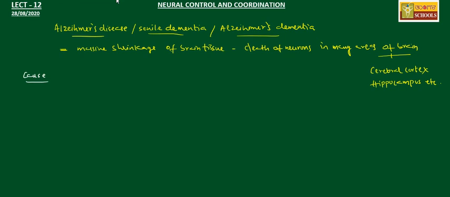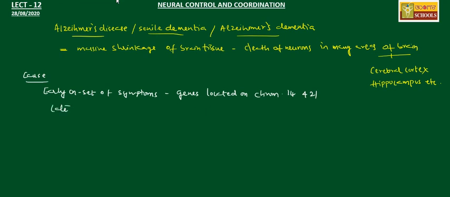Now what could be the cause here? Early onset of symptoms is linked to genes located on chromosome 14 and 21, whereas late onset of symptoms is linked to genes located on chromosome 19.